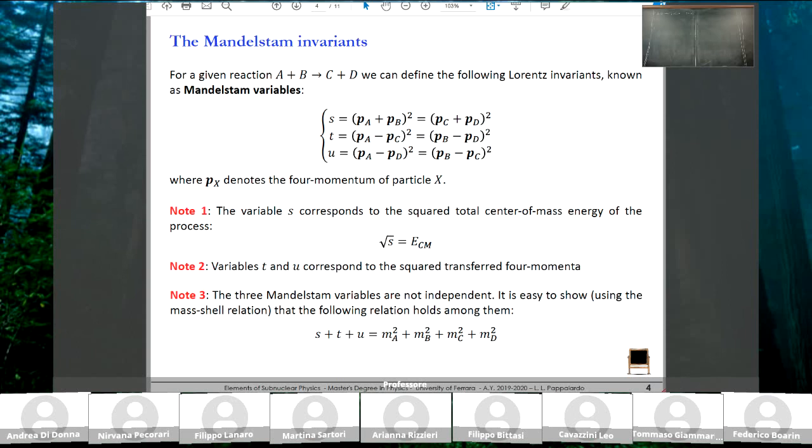Now the center of mass energy in the laboratory frame, we can write for the initial state as the square root of Si, where i stands for initial state, and this is, as we know already, mA plus mB squared plus twice mB times Ka.